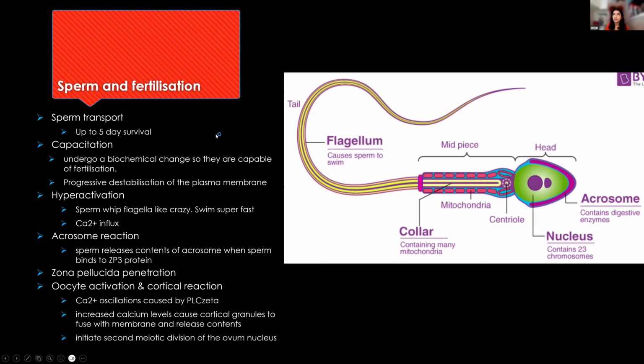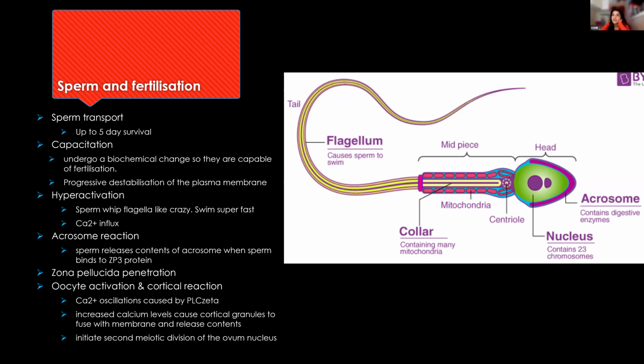First we have sperm transport, then capacitation, hyperactivation, acrosome reaction, zona pellucida penetration, and then finally oocyte activation and cortical reactions. I have briefly summarized each of the stages, but basically this is all the steps that lead up to fertilization.